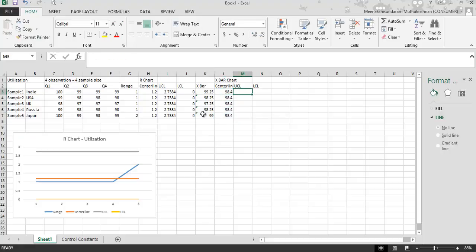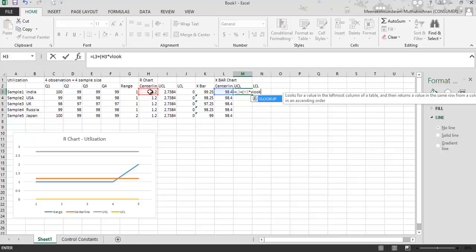And now we are going to find the formula for the upper control limit. The upper control limit uses the formula: center line plus the center line of the R chart multiplied by the constant.